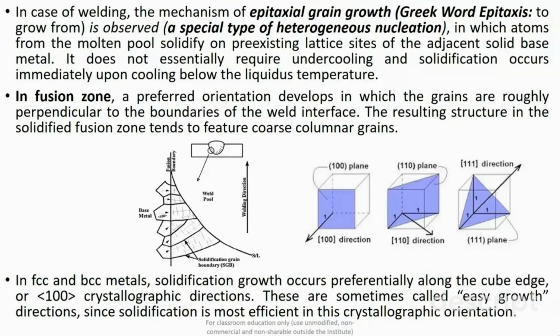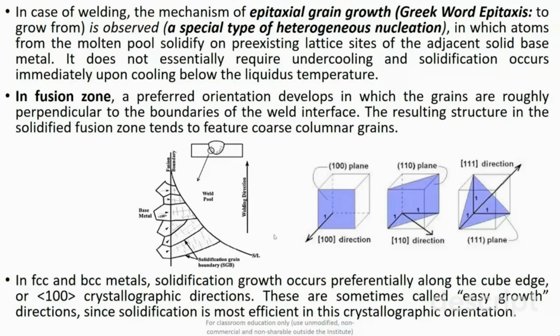If you remember, in case of material science, cubic structure, there are different atomic planes. Those base metals, you can say the grains of the base metals which are oriented in this particular 100 direction. So you see that there is a cubic plane and this plane is 110 direction. This particular crystallographic direction is the direction of those crystals which have nucleated from the surface of the base metal.